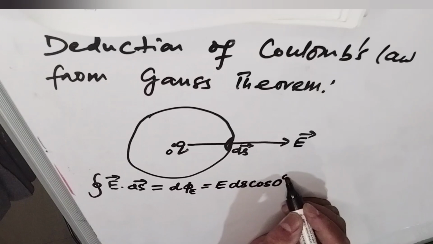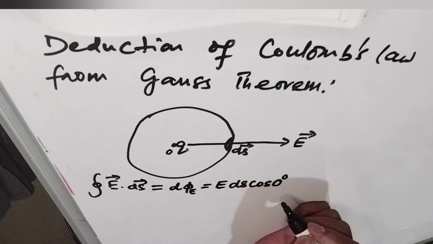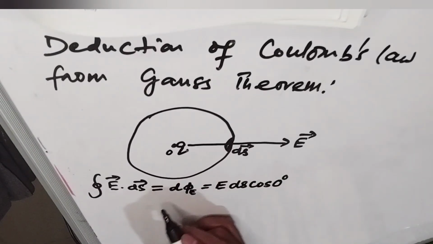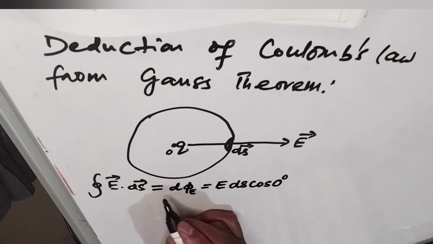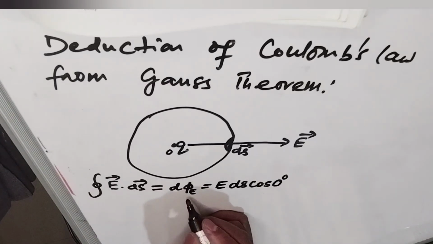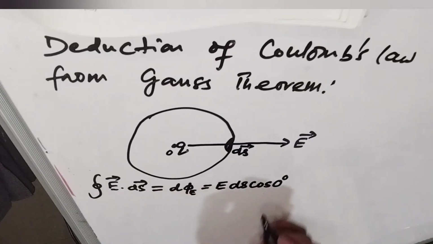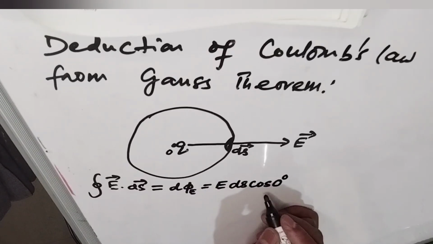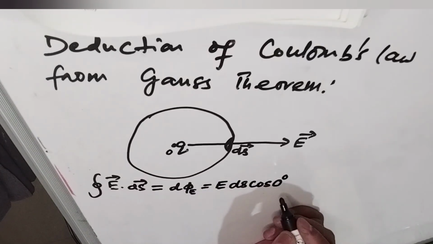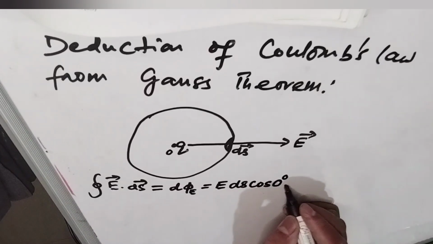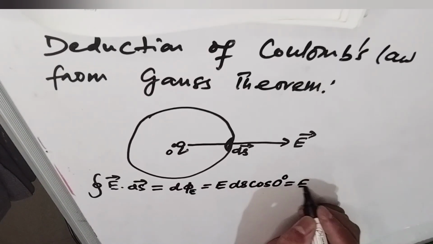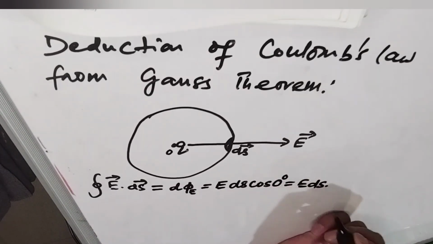We can write very well here 0 degree, right? So d phi E is equal to E ds cos 0 degree, and this is nothing but E ds. Is it right?